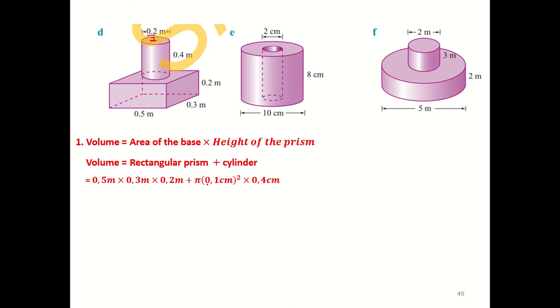0.2 divided by 2, it'll give me 0.1, and 0.1 squared, it'll give me 0.01.